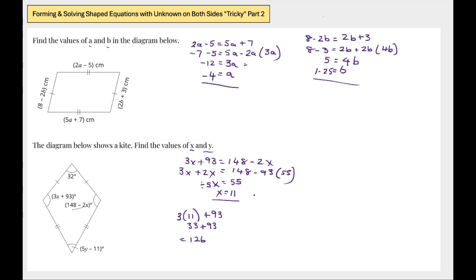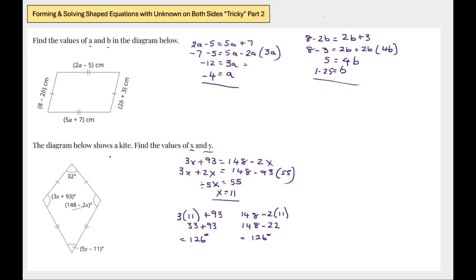Even though they're the same either side, I always like to check my answer. So I'm going to do 148 minus 2 times 11, which is 148 minus 22. Also gives me 126. So there we have it. There's our angles, 126.